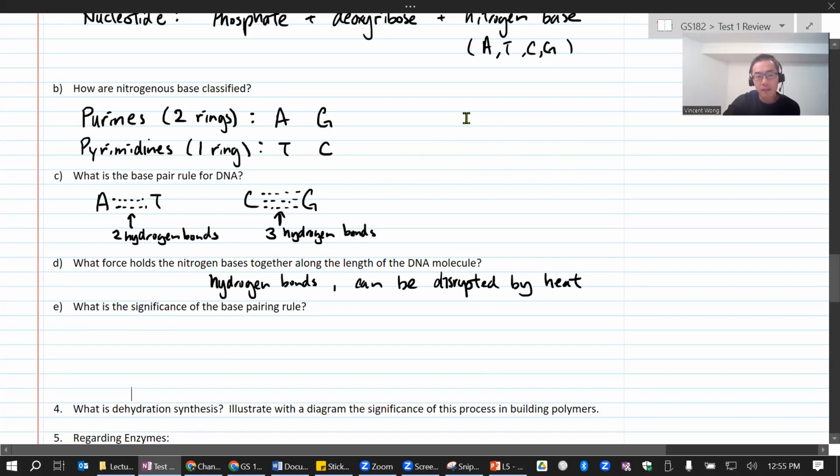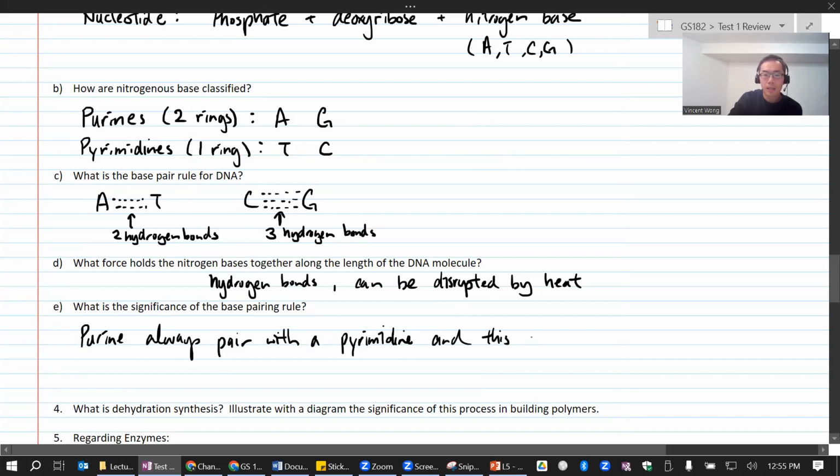What is the significance of the base pairing rule? Well, the fact that A pairs with T and C pairs with G means that the purines always pair with a pyrimidine, and this creates a constant width along the DNA length.